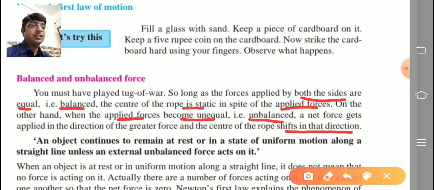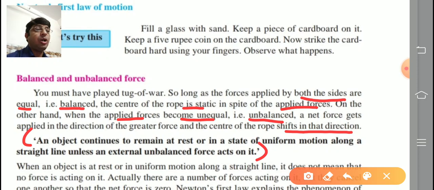Try to write down the answers of these two questions. State Newton's first law of motion. The statement is given, so mark these two bold lines. Newton's first law of motion states that an object continues to remain at rest or in a state of uniform motion along a straight line unless an external unbalanced force acts on it.